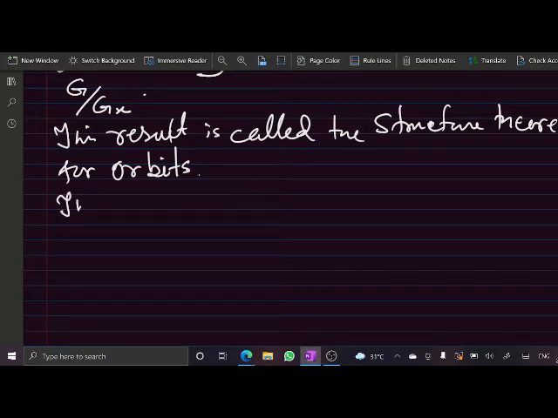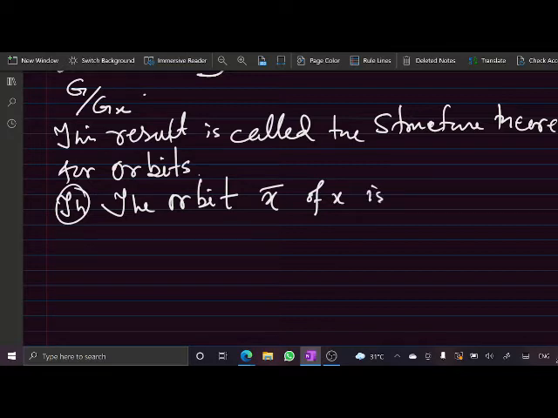Formally you can write the theorem as: the orbit X bar of X is G isomorphic to the coset space.